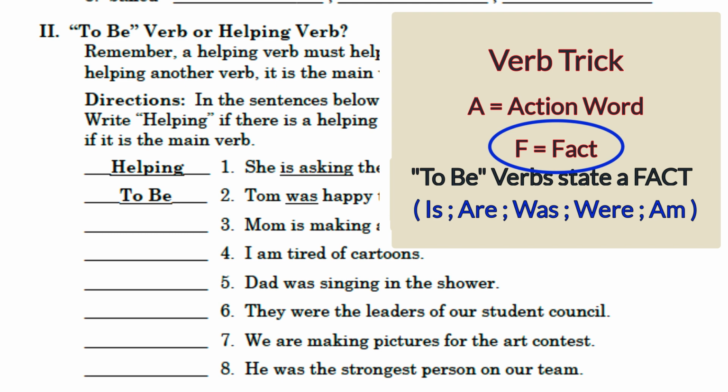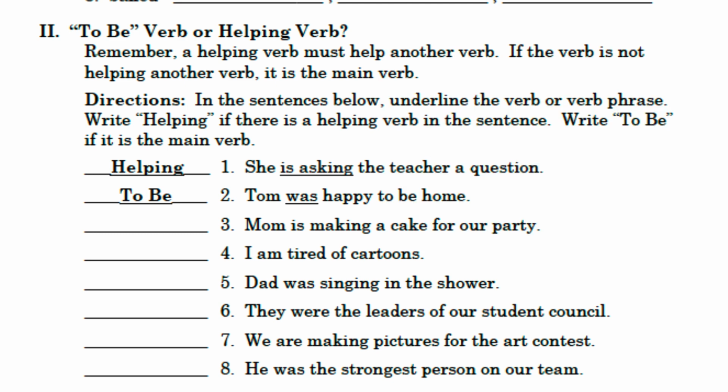You have the students repeat that each time you start the worksheets on verbs and review it once in a while. By the time they take the test, they know that a verb is an action word or states a fact. And the worksheets will show that the facts are also called to be verbs: is, are, was, were, and be.